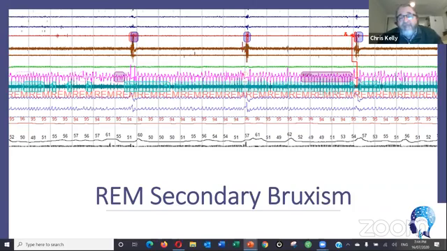Then again you see a RERA event happening with snoring. They've got their mouth open, their airway restricted because of the downward action of the mandible, and their body responds again in a sympathetic nervous system kind of way, which is that increase in pulse rate, then the increase in breath, and then you've got the break in atonia again.